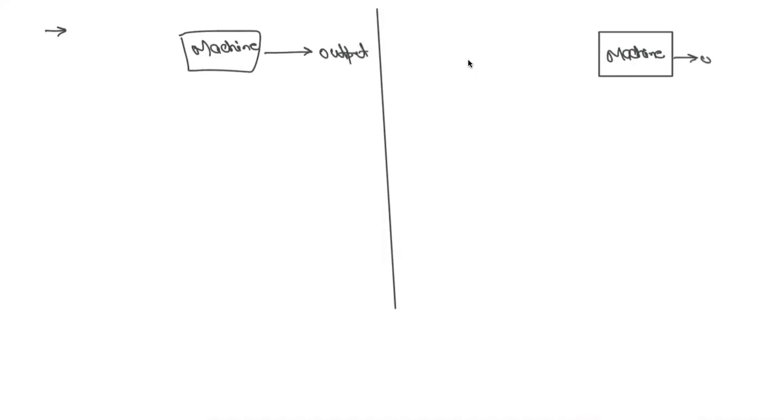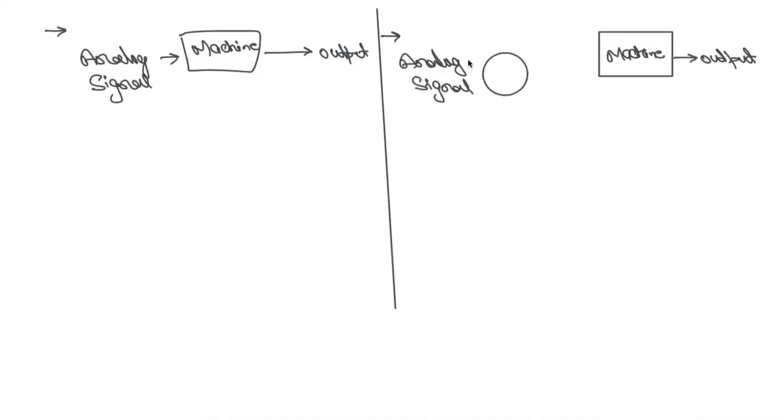Here also, it will give output, right? Here, we can simply send an analog signal to the machine and it will give us output. Can we send an analog signal here directly, or do we have to use a converter? Here we use a converter. It changes into a digital signal, then goes into the machine, right?